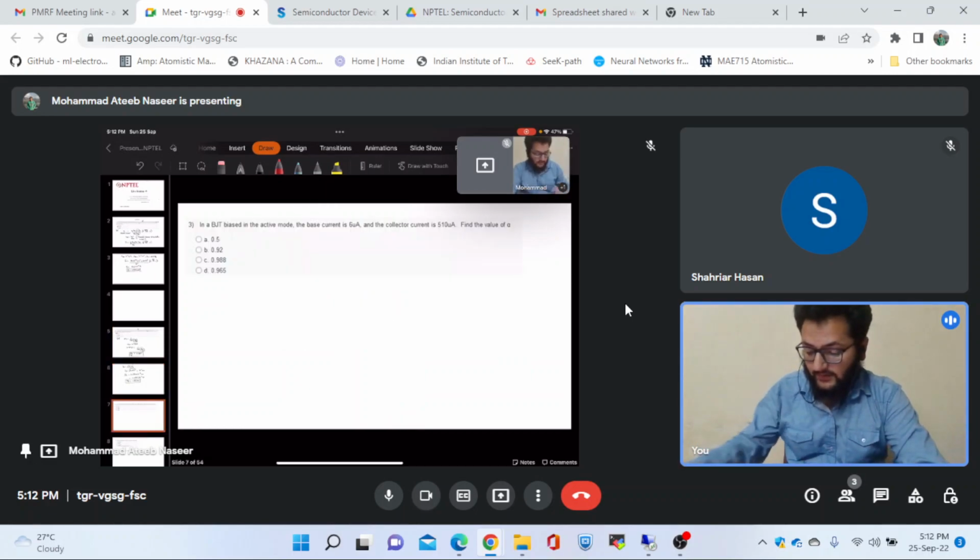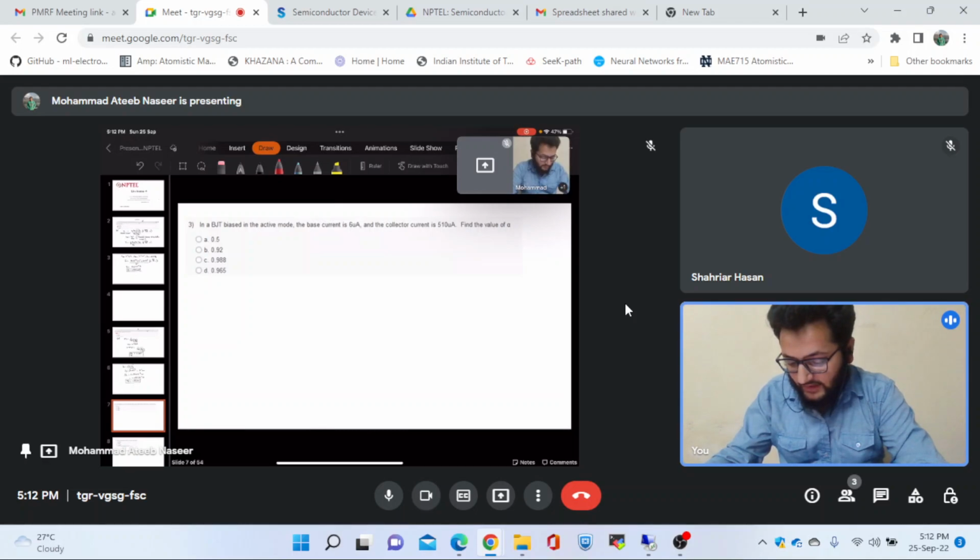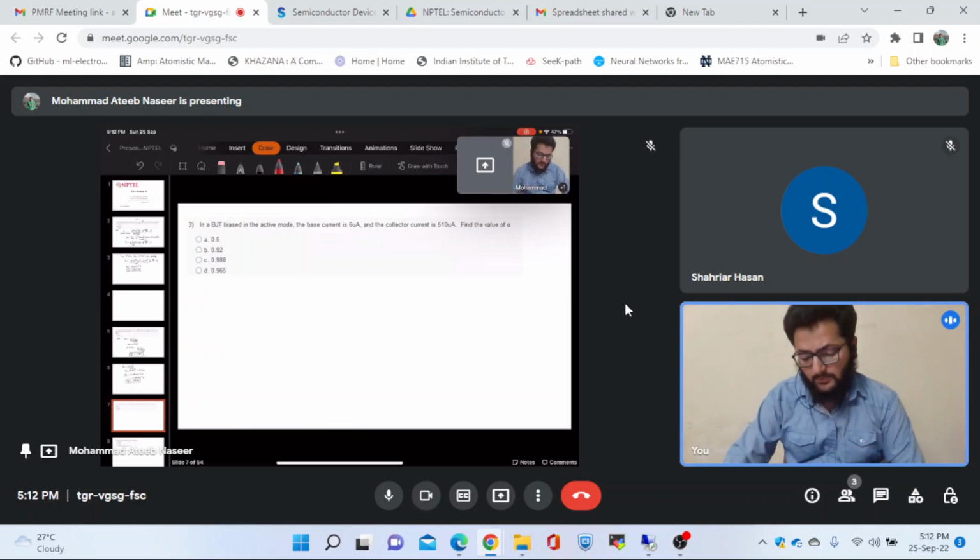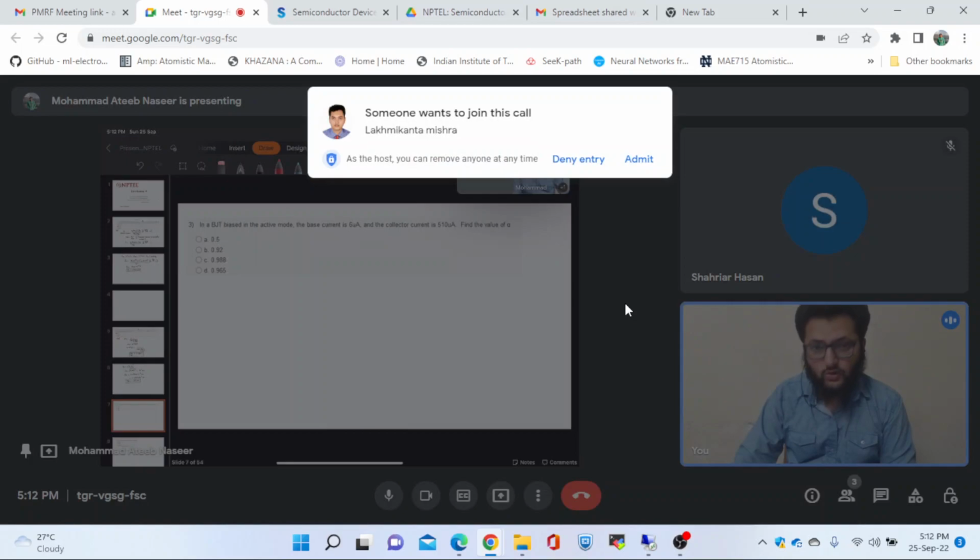Now there is another problem which states that we have been given the base current for a BJT which is in active mode, and it is given to be equal to 6 microamperes, and the collector current for the same is given to be equal to 510 microamperes. Now we have been told to find the value of alpha for the same.